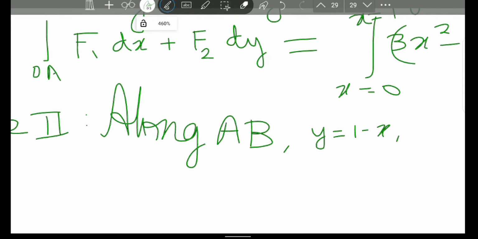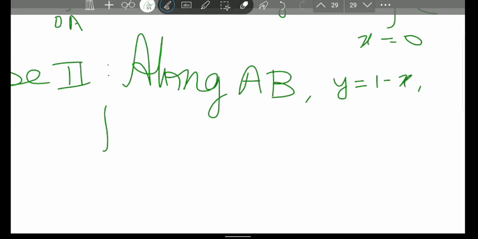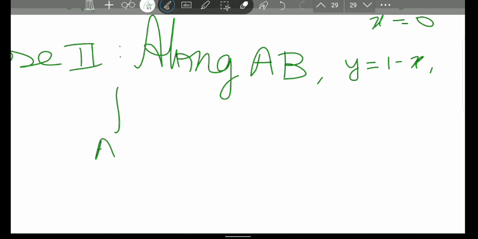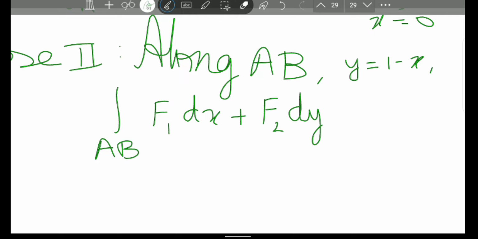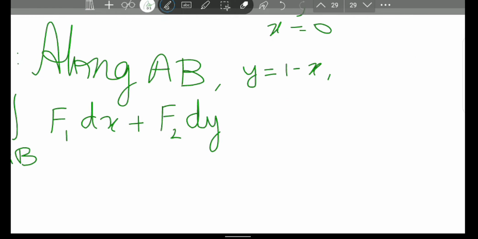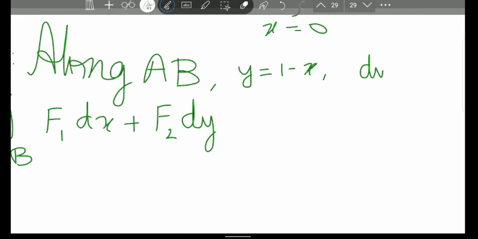So let's evaluate it. Along AB, integral along AB f1 dx plus f2 dy. Okay, we have y equal to 1 minus x, so dy equal to minus dx, and x is changing from x equal to 1 to x equal to 0.